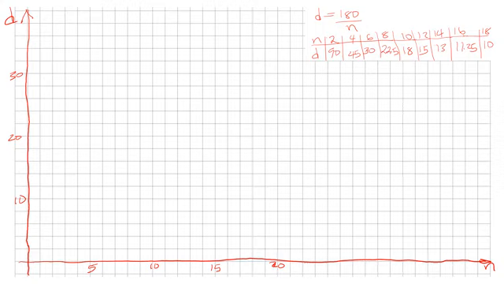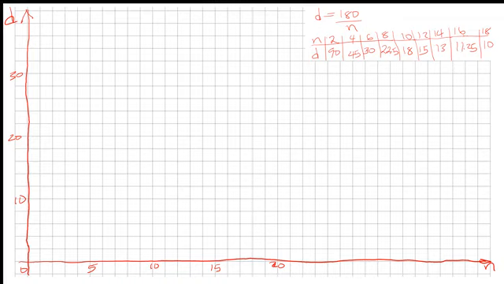So that's 0. When n is 2, D is 90. When it's 4, D is 45. When it's 6, D is 30.